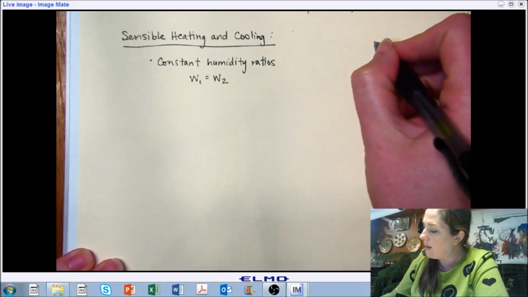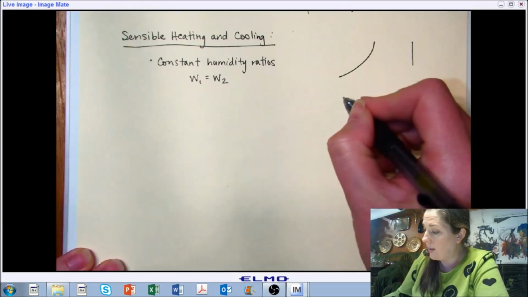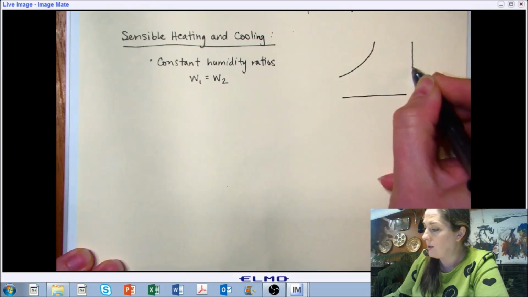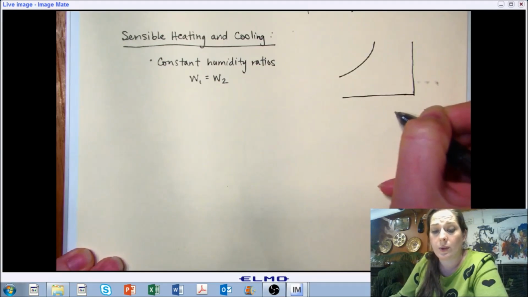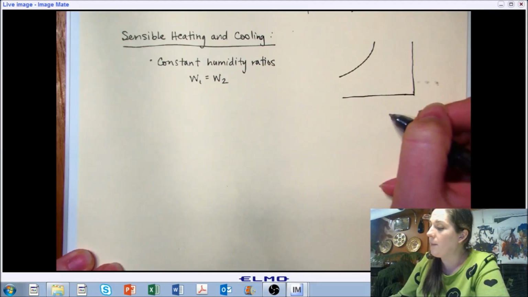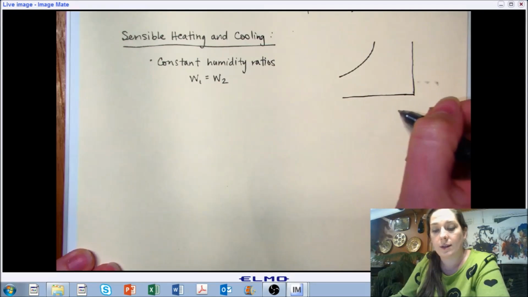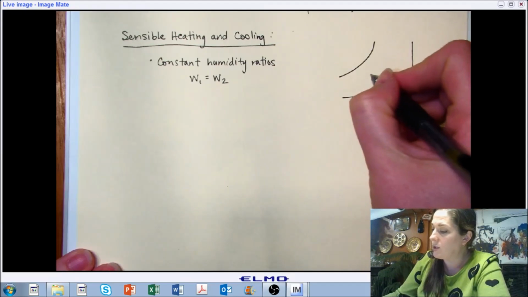And one of the things I like to do always when I'm talking about processes, and also whenever I am working a problem, is to do just a simple sketch of a psychrometric chart. And I would like to see you all doing that as well on your homeworks and in exams and where you need to show your work. It doesn't have to be an elaborate chart, just something that demonstrates that you understand kind of the direction of your move.